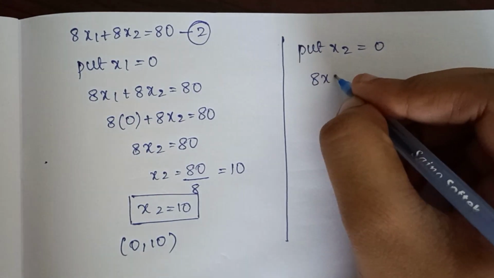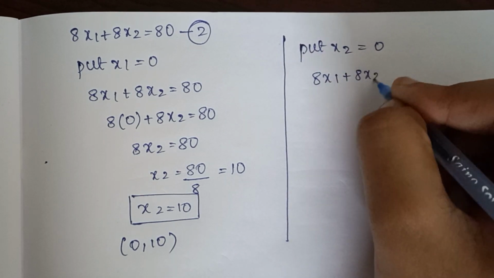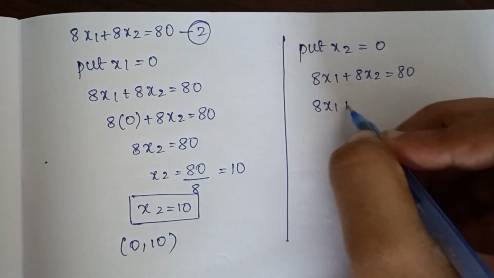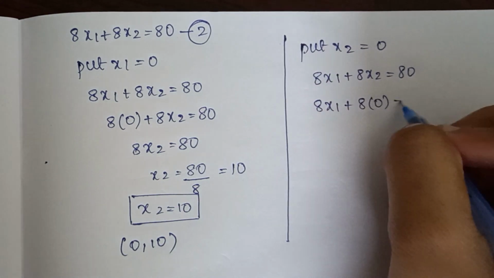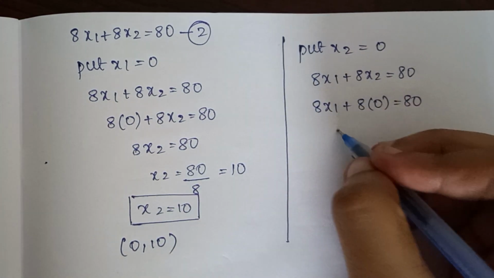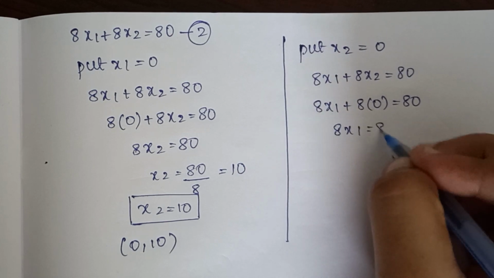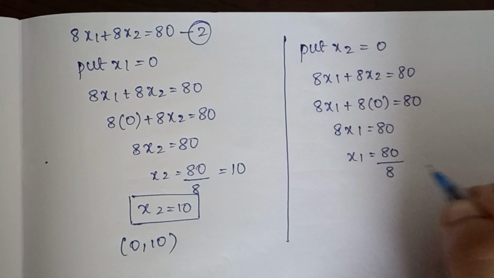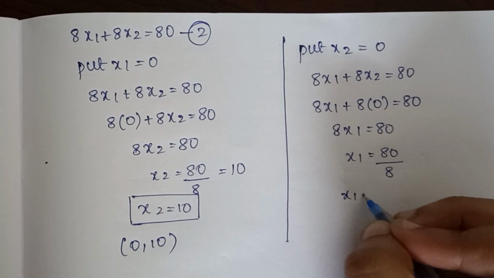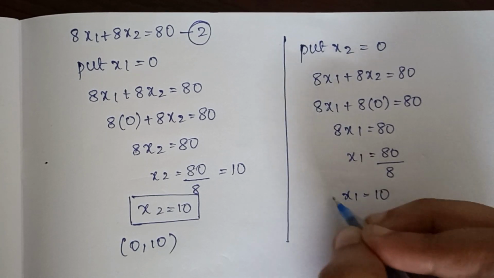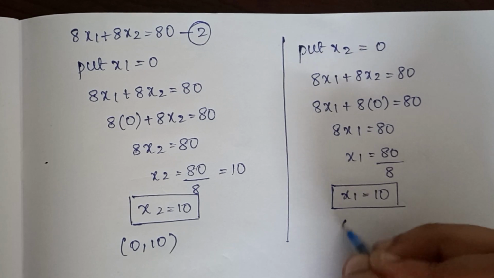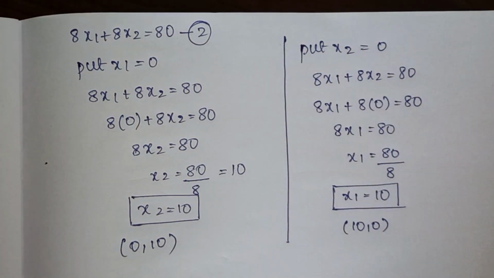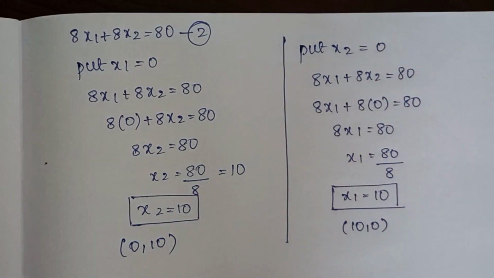In the same equation, 8x1 plus 8 into 0 is equal to 80. 8x1 is equal to 80. x1 is equal to 80 by 8. x1 is equal to 10. So what will be my point? 10,0.